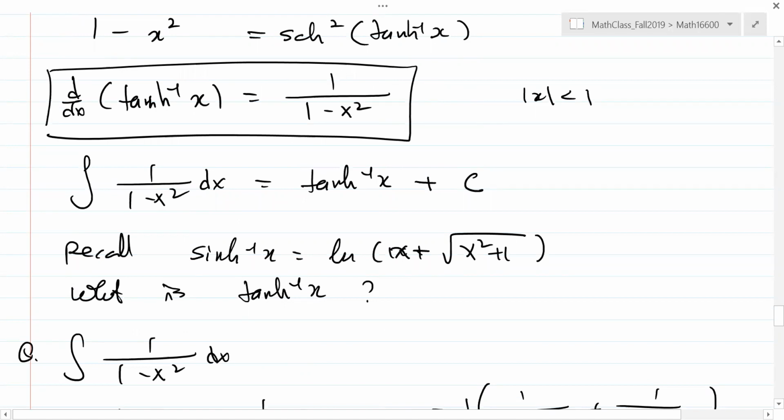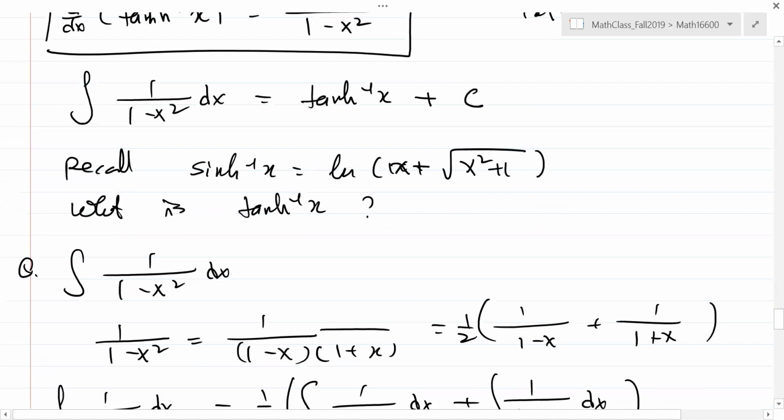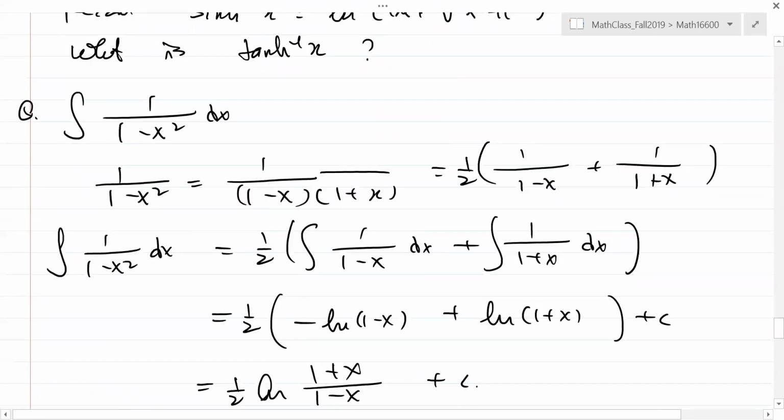But then I look at the left-hand side. This is 1 over 1 minus x squared. It's a very nice function. I can even evaluate it without this formula. I can evaluate directly. How do I do that? I decompose 1 over 1 minus x squared into 2 parts, reciprocal linear terms.